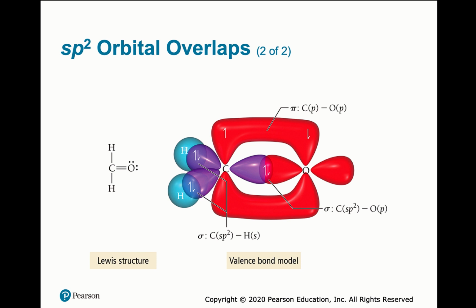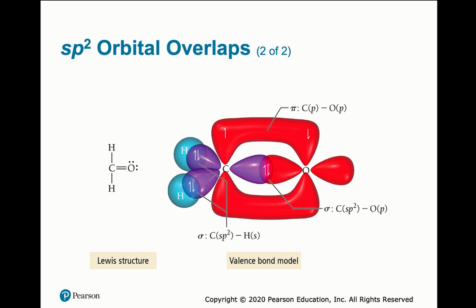So if you look here at formaldehyde, the carbon has 3 bonding groups. So that means sp2 hybridization, and it has an empty p orbital. That p atomic orbital can then interact with the oxygen.